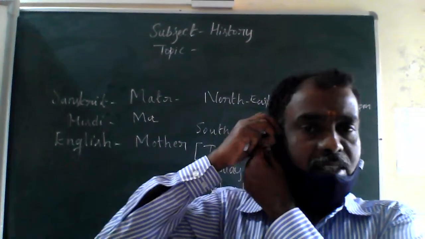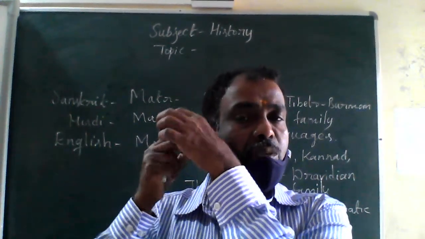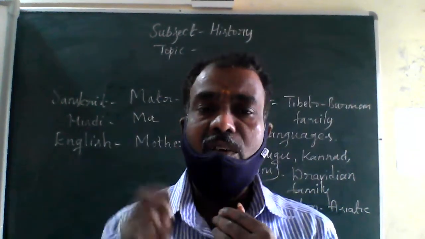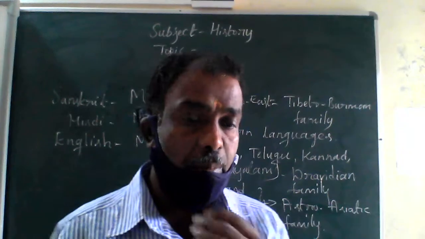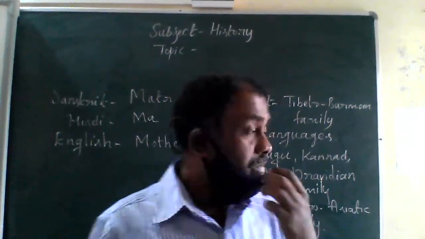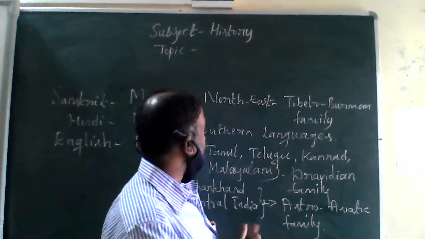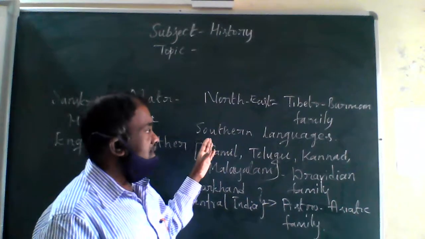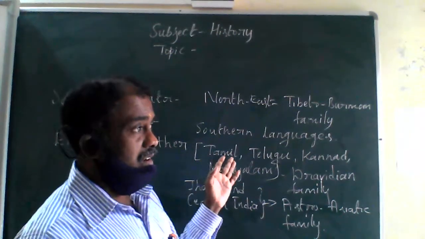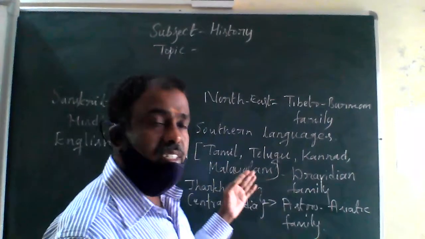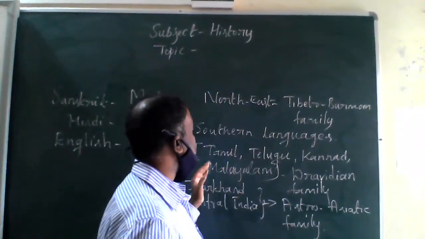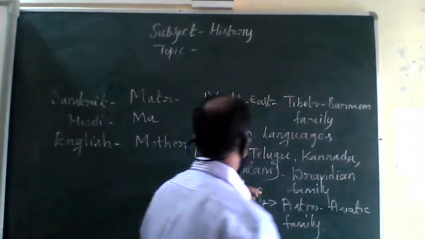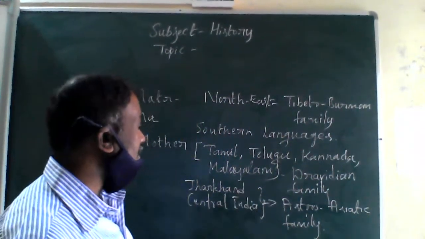Especially Sanskrit, Assamese, Gujarati, Hindi, and even Sindhi belong to the Indo-European family, the northeastern languages belong to the Tibeto-Burman family, and the southern languages, I mean the languages of the southern states, especially Tamil, Telugu, Kannada and Malayalam, belong to the Dravidian family.